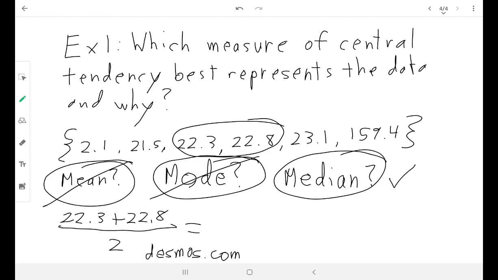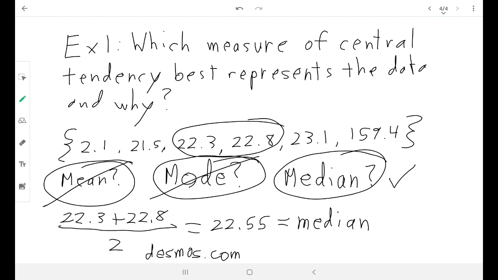So you hear me typing here, and that's me putting this into Desmos, and that gives me an average of 22.55, and so that would be my calculated median if I needed to know that.